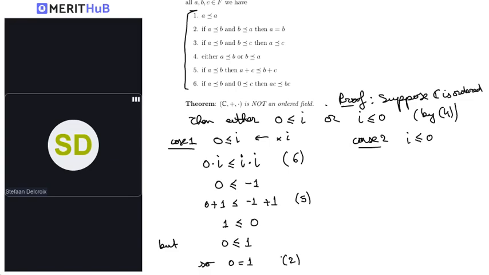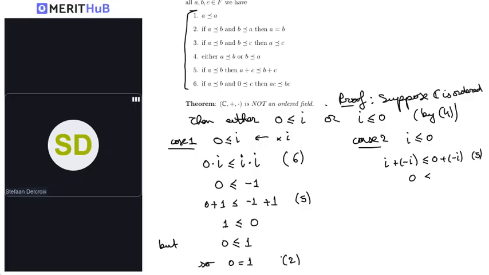Now we do the same. We add the opposite of i to both sides. We can do this by property 5. You can add the same thing to both sides.